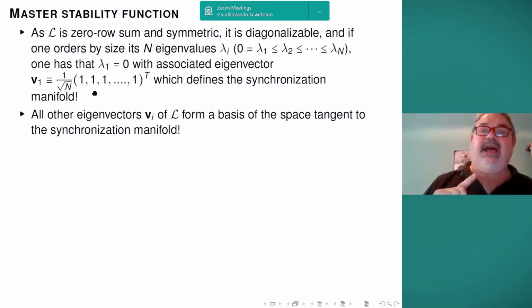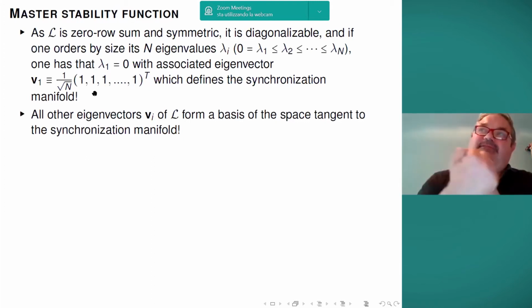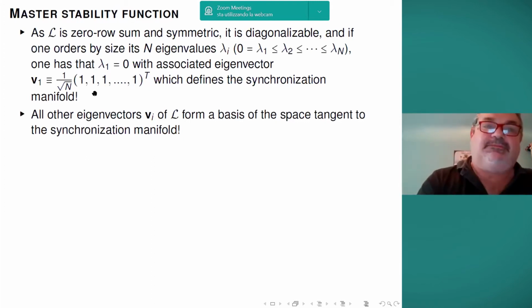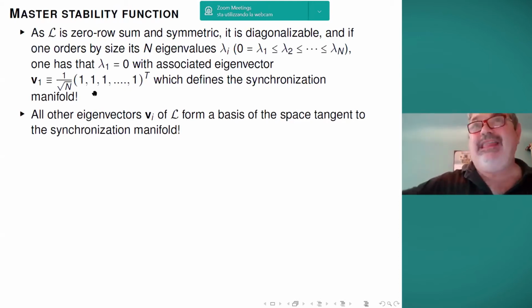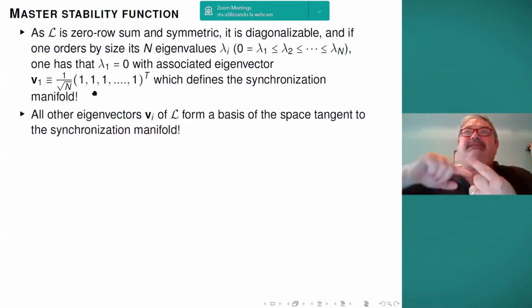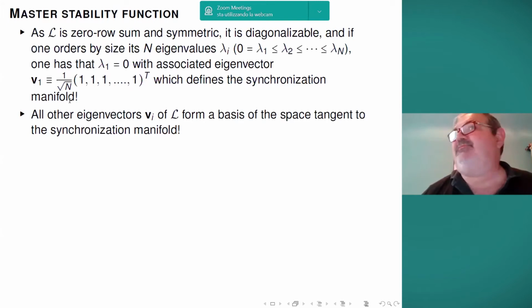And since the eigenvectors form a basis, it means that all the other eigenvectors, from the one associated with lambda 2 to the one associated with lambda n, form a basis for the transverse space with respect to such a manifold.